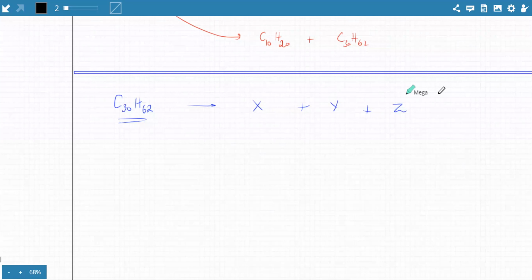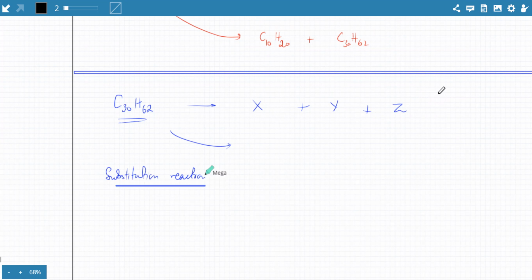अच्छा, ये करो C30H62. Make two different equations of cracking. फिर write a substitution reaction, जो हमने chlorination वगैरह नहीं किया था. अच्छा, write a substitution reaction for a reaction of butane with bromine, or another one, propane with chlorine. ठीक है? ये तीन, the four reactions.